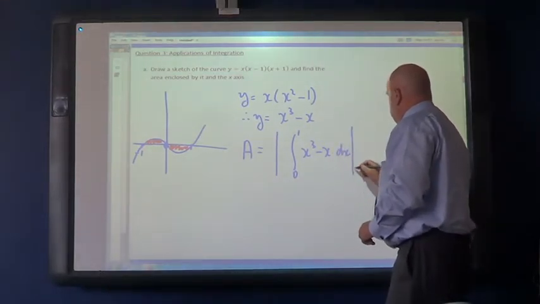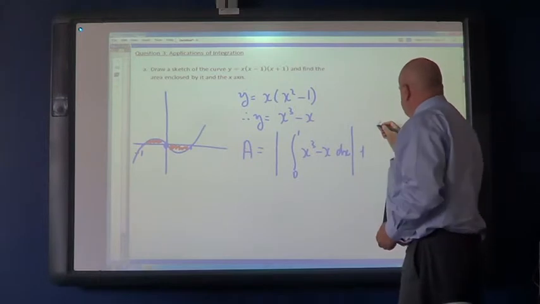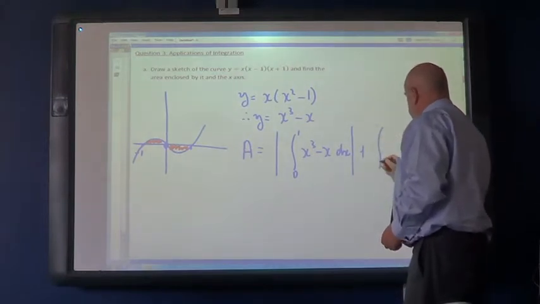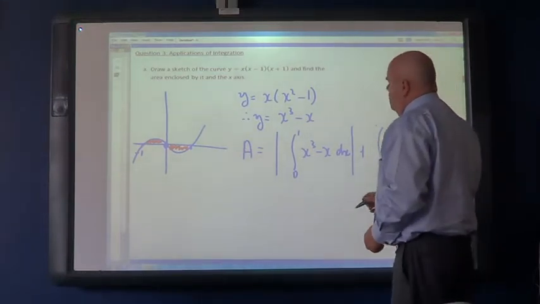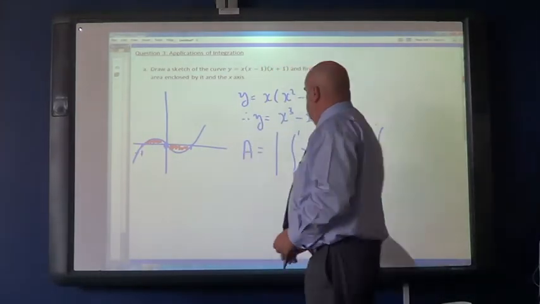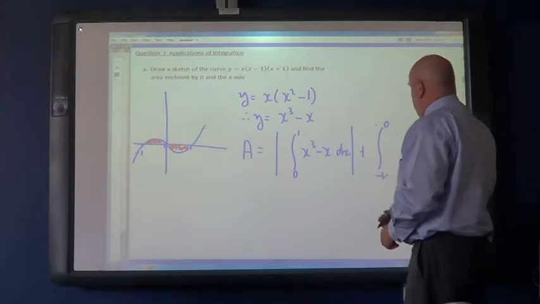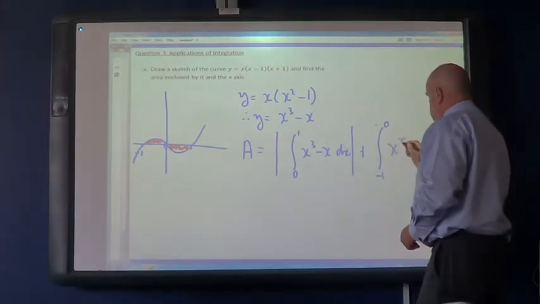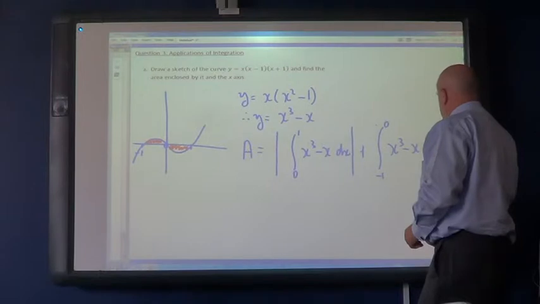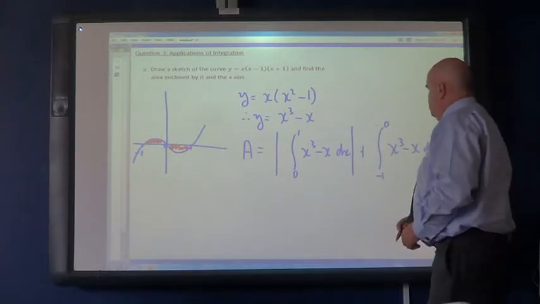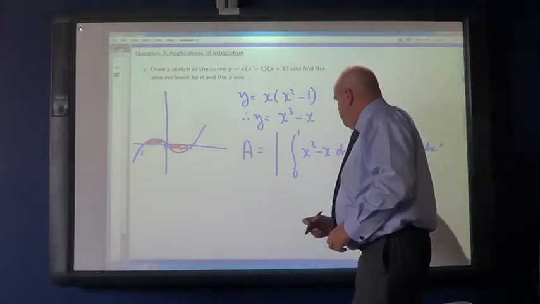And to that, we need to add, it's going to be positive, so we don't need to worry about the absolute value, our interval here is 0 to -1, upper limit of 0, lower limit of -1, and it's the same expression we are integrating. So that should give us our area.